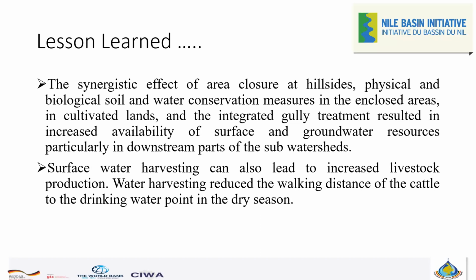Surface water harvesting can also lead to increased livestock production. Water harvesting reduced the walking distance of the cattle to the drinking point in the dry season, and this holds true for reducing the burden on women in getting water to their homestead.